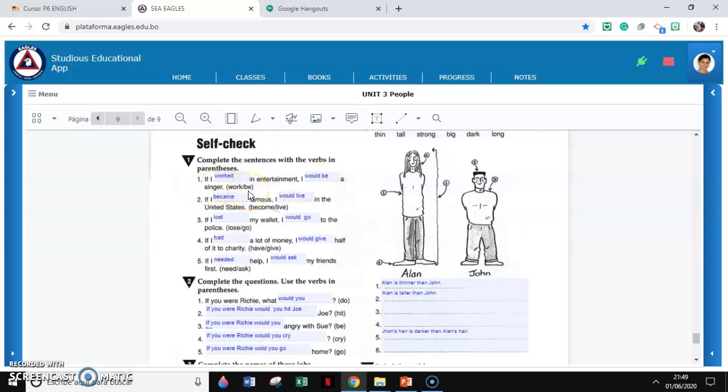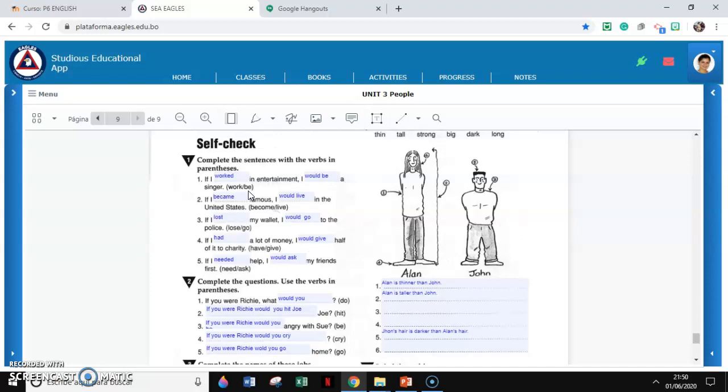And how do you identify whether the sentence needs to be written in the first conditional tense or in the second conditional tense? It's very easy to identify the difference, because you need to recall when we use both of them, right?